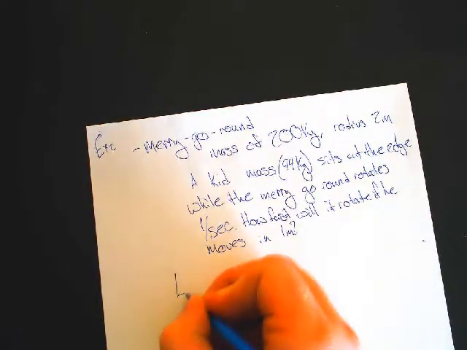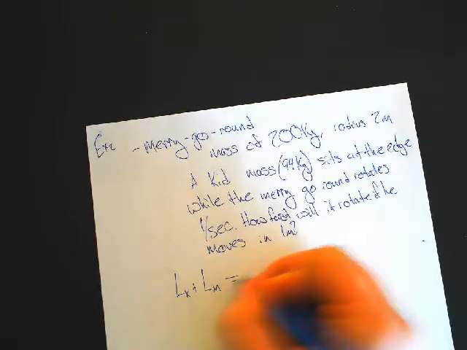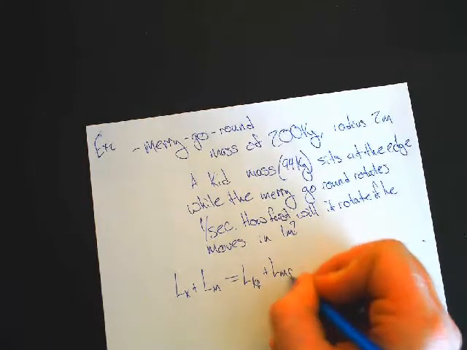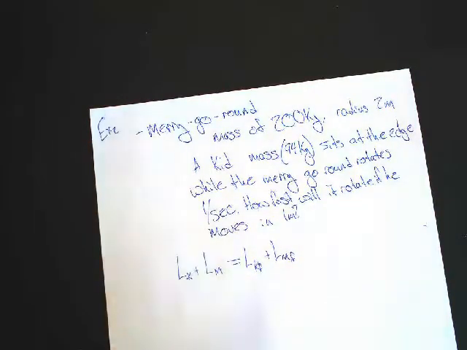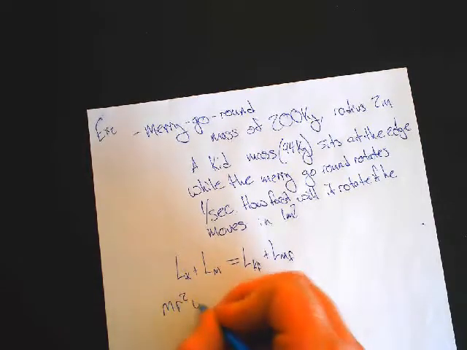So we have L of the kid plus L of the merry-go-round equals L of the kid final plus L of the merry-go-round final. Now the kid is a point on this merry-go-round, so we can treat him just like we treated the comet, where he's going to have m r squared omega.